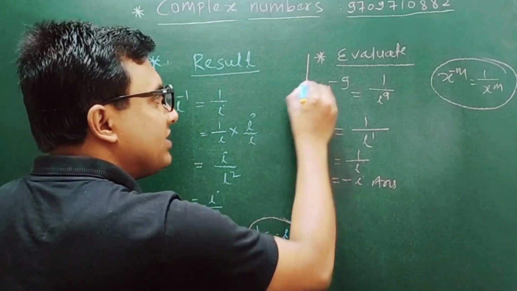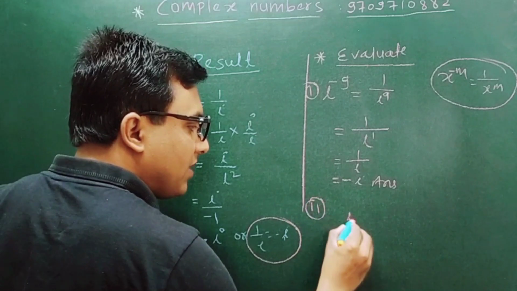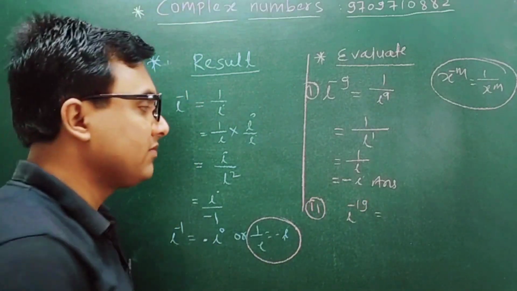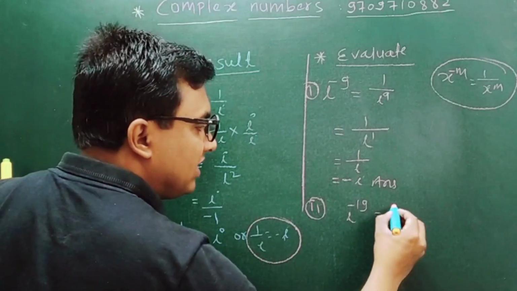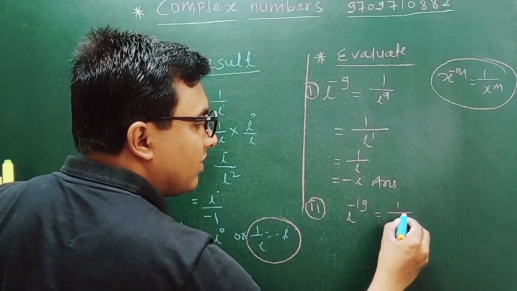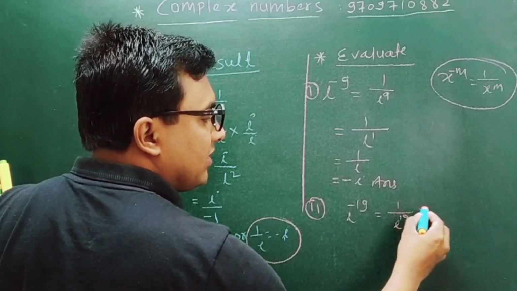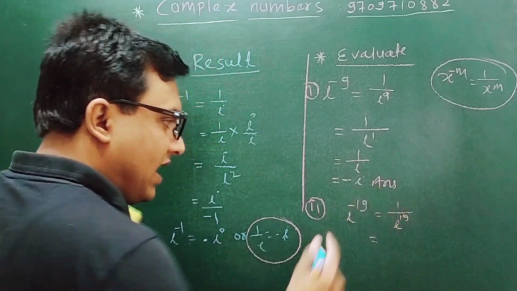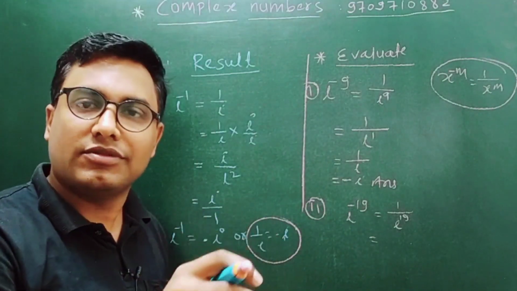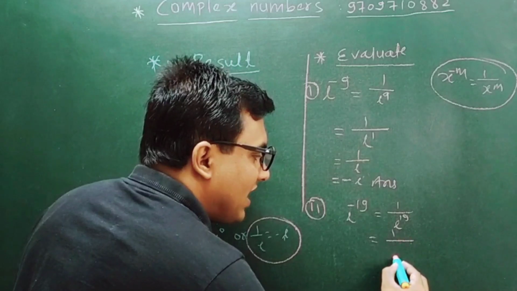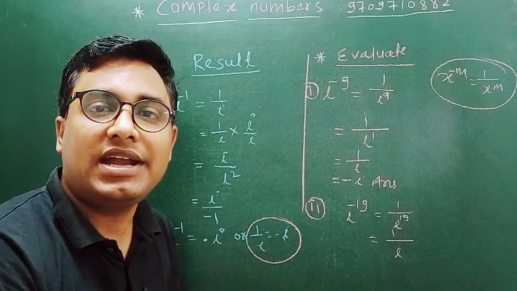Next example is iota to the power minus 19. It is written as 1 by iota to the power 19, right? 19 is greater than 4, so we divide 19 by 4.